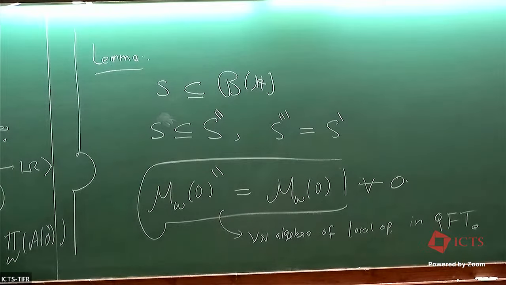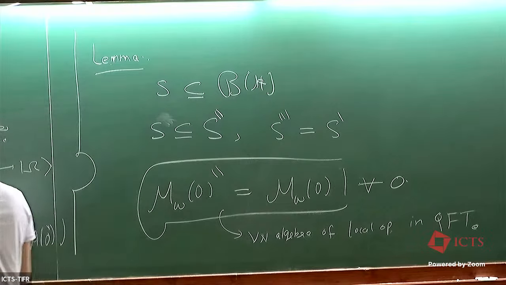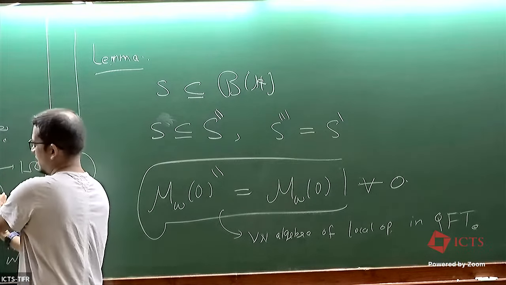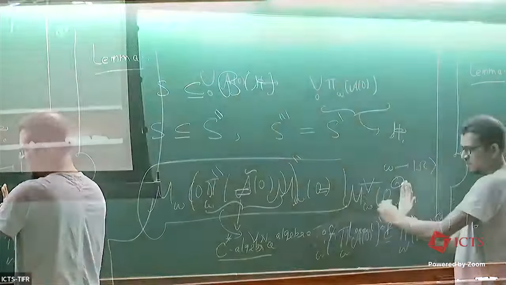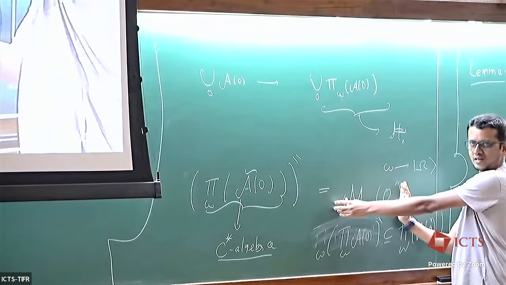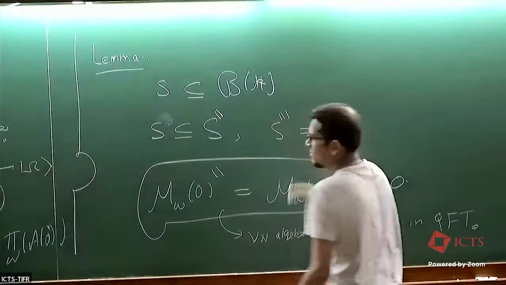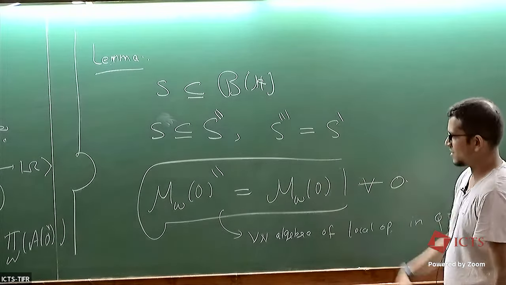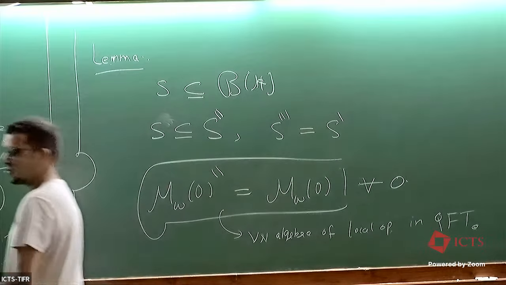So it's unbounded, and from there we constructed a representation, and then we can look at the representation of the bounded operators. That's not a von Neumann algebra. But given any O, if you look at the double commutant and the algebra generated by this, that is a von Neumann algebra simply because of this property. This is just connected with what Tom was doing.